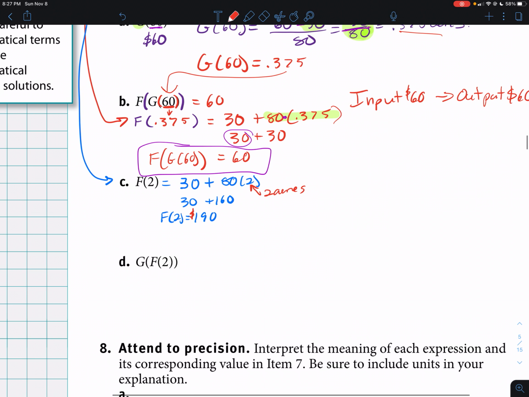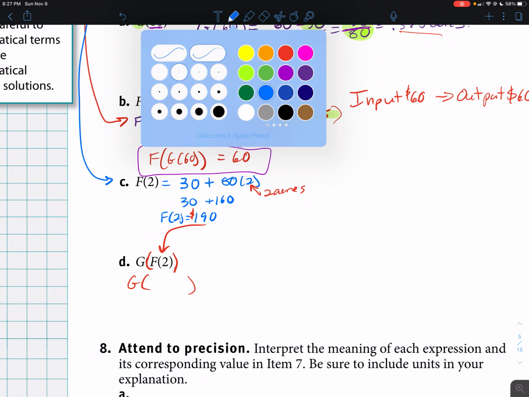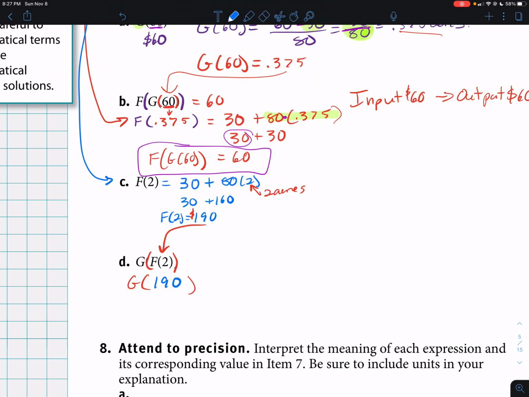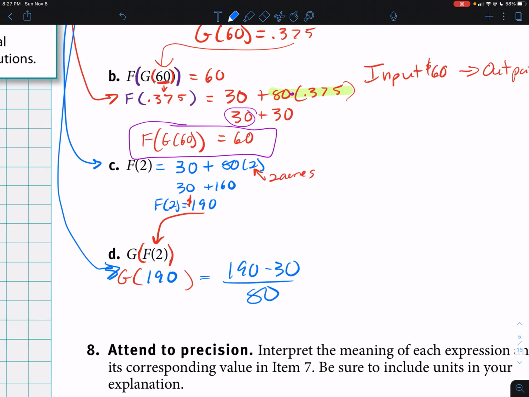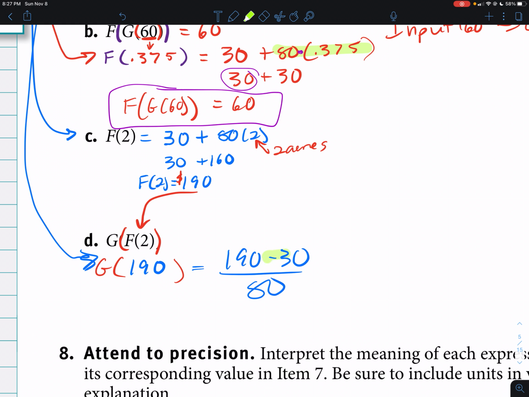So what's going to happen here? We're finding g of f of 2. And f of 2 was 190, so we need to find g of 190. What's going to happen? So we're using function g. So that's going to be 190 minus 30 over 80. So think about what we're about to do here. We're going to subtract 30 and then divide by 80.